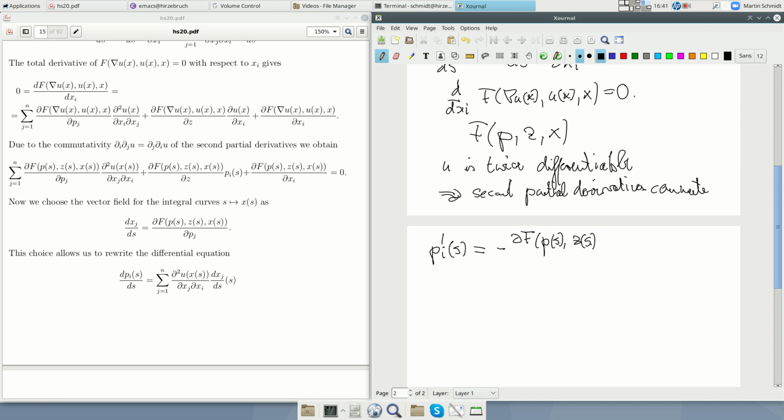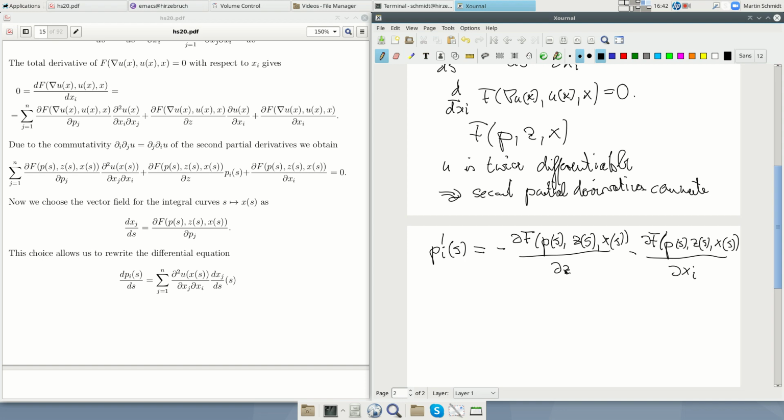So we get this is minus partial f of p of s, z of s, and u_x of s divided by partial z, minus the last term, partial f of p of s, z of s, x of s, and now with partial x_i.